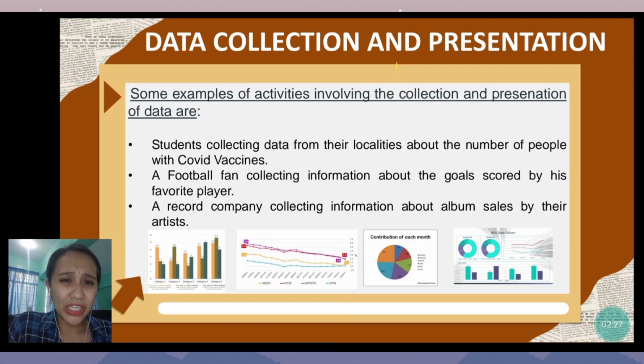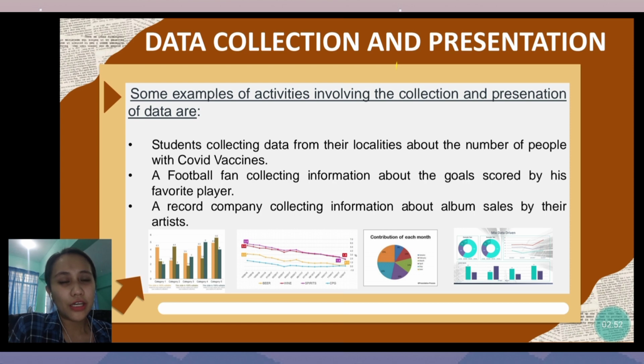Here are some examples of activities involving the collection and presentation of data. First one is students collecting data from their localities about the number of people with COVID vaccines. So that's a way of getting information in the community.